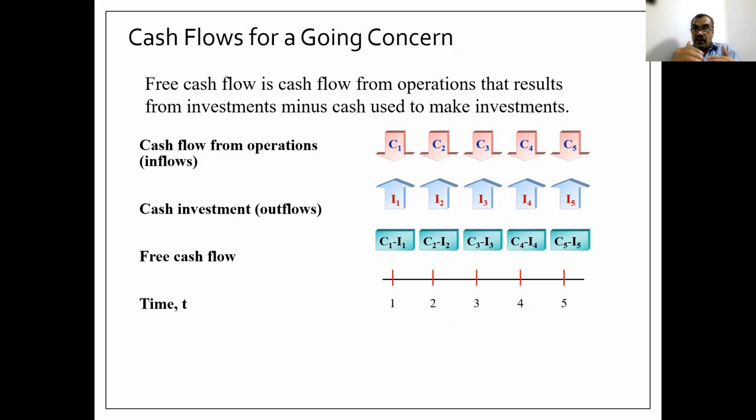So entities are required to invest an appropriate amount of cash flows in investing activities. So you need to deduct something that is denoted here by I, capital letter I. So the concept of free cash flow comes by deducting the required amount of money for investments from cash generated from operating activities. That's what we call free cash flow in general.